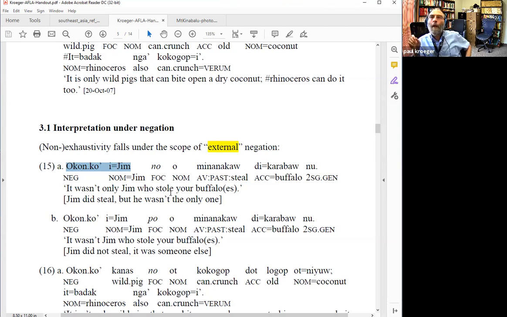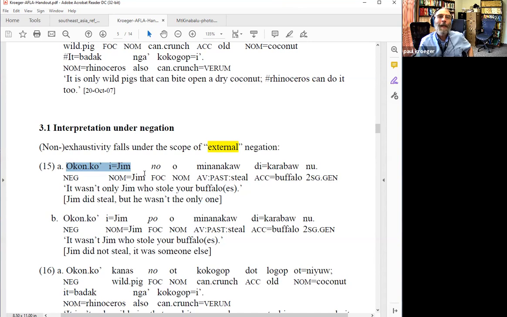But like bukan, well, let me talk about bukan. Bukan also functions with predicates of any type as an external negation or metalinguistic negation marker. And okon seems to have that same property. I'm assuming that the okon, when the cleft is being negated, is a kind of metalinguistic negation.